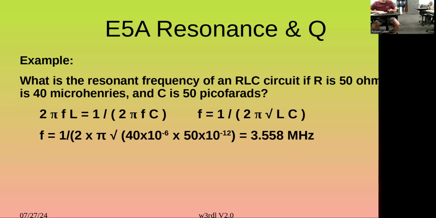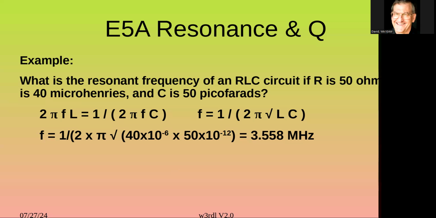So, is everybody clear on that example? Bob, I have one question. Okay. Would it be easiest to work the 40 times 10 to the minus 6 times 50 times 10 to the minus 12 by adding or subtracting the exponents?